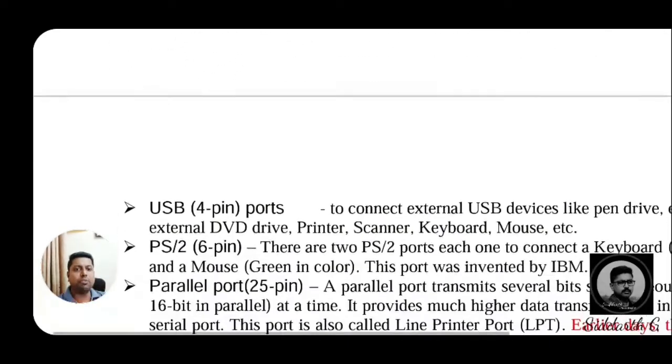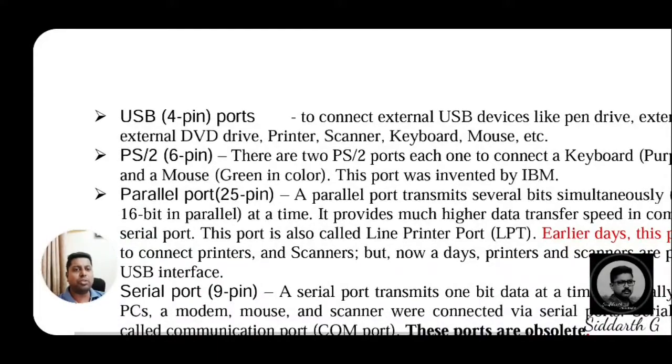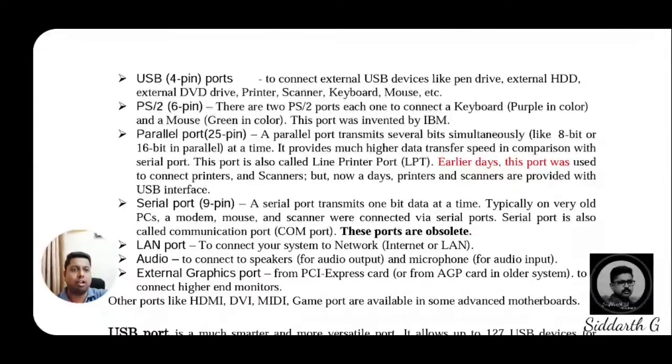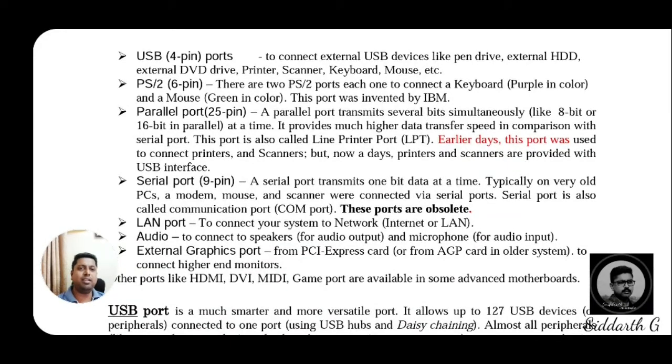Then USB ports are used to connect external USB devices like pen drives, external hard disk, DVD writers, scanners, keyboards, mouse, etc. And PS2 ports are used to connect older versions of keyboards and mouse with the help of 6 pin connectors.